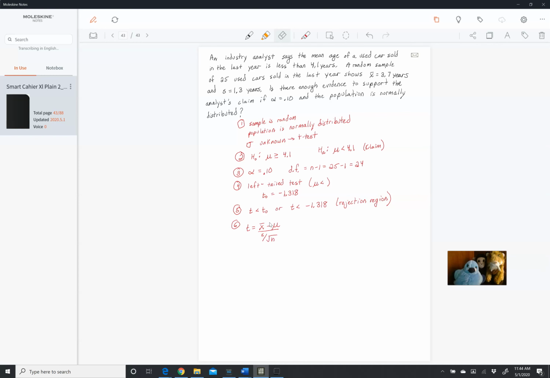How many standard deviations from the mean are we? Our x bar is our test statistic, remember the test statistic is the sample mean, and this is our standardized test statistic, because it works for every t distribution. So it's going to be 3.7 minus 4.1 over 1.3 divided by the square root of 25. And we get negative 1.54.